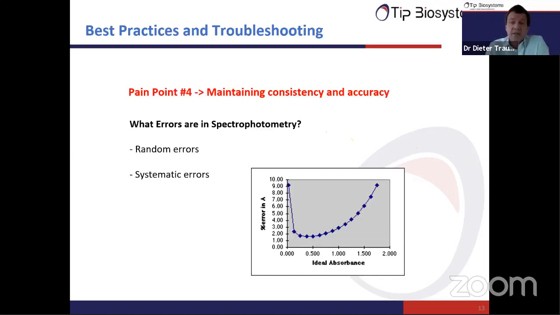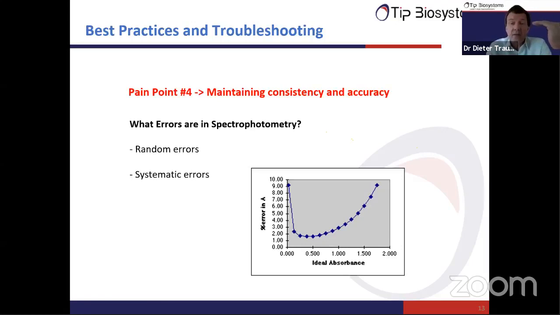Another interesting thing to consider if you perform spectrophotometric measurements, in terms of errors, is at which absorbance you actually have the lowest error. Have you ever thought about this? If your absorbance is very tiny, let's say 0.002 or something like this, then your error is actually quite high.